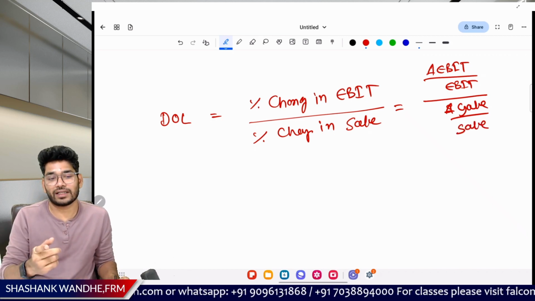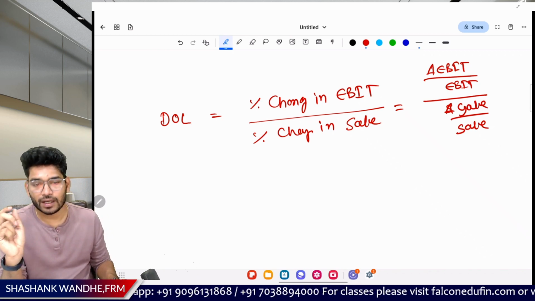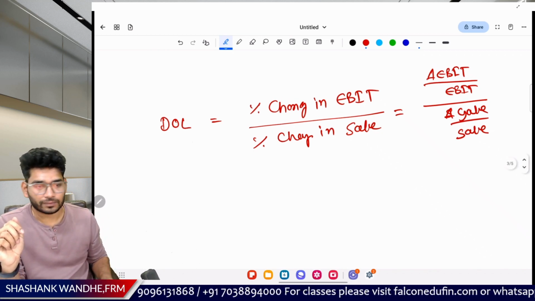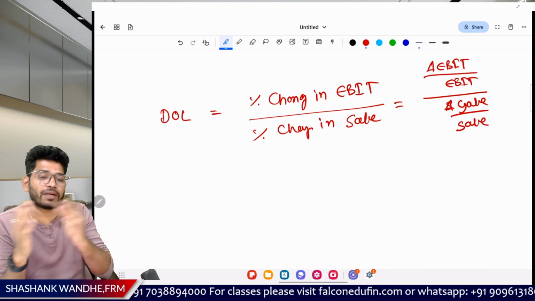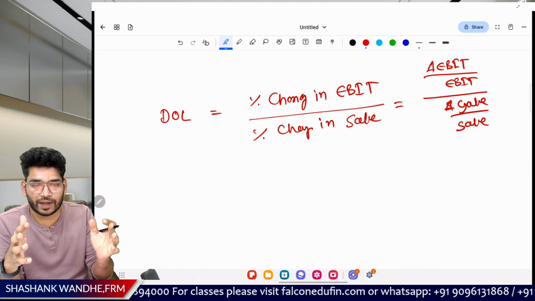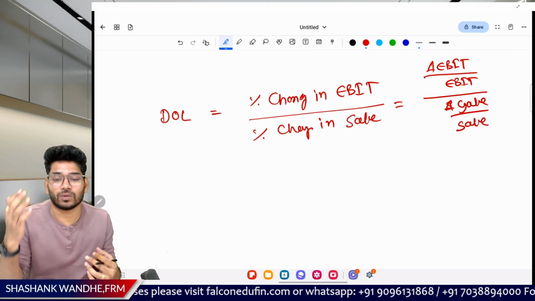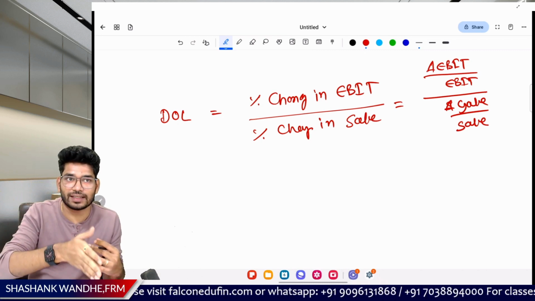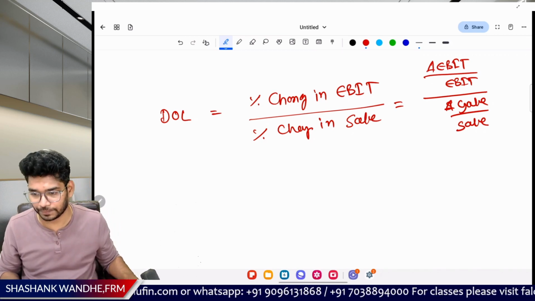So percentage change in sale and percentage change in EBIT will give you the degree of operating leverage. Generally, if you get the question, percentage change in EBIT and percentage change in sales will be directly provided to you. So the implication of this formula is to understand how the percentage change in sale will impact the percentage change in EBIT. That's the important point here.